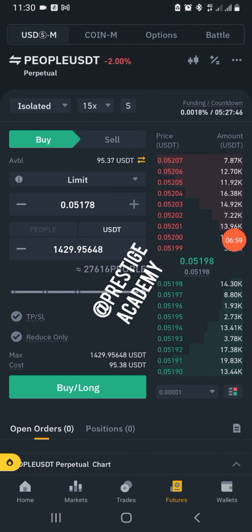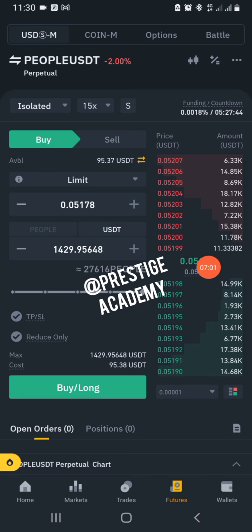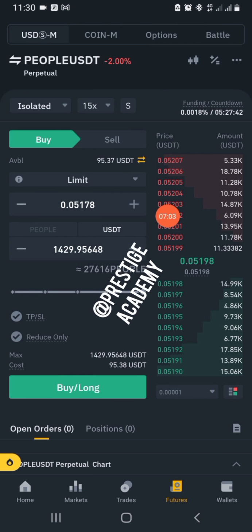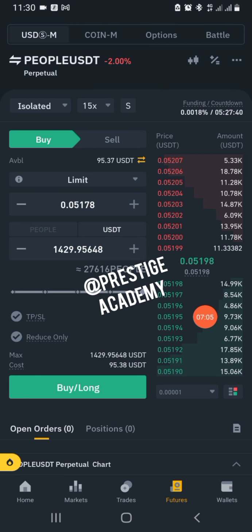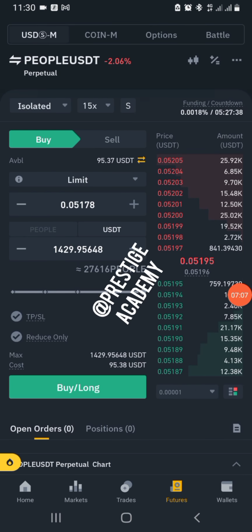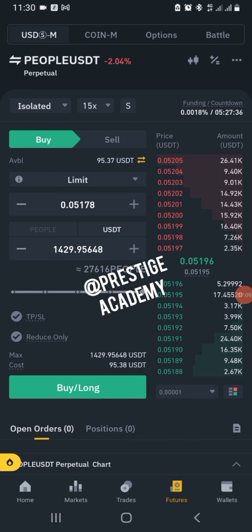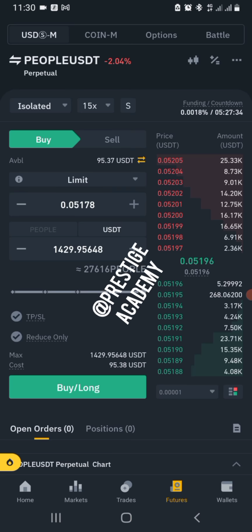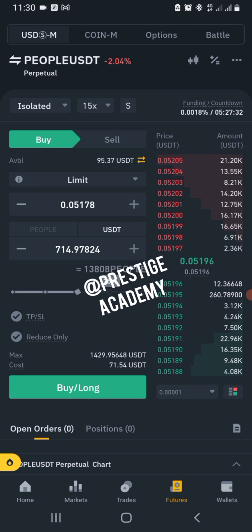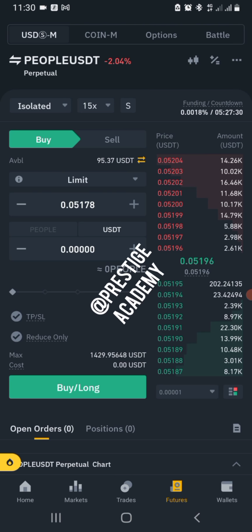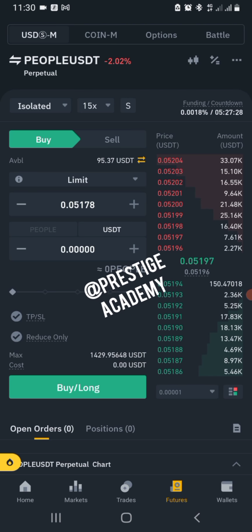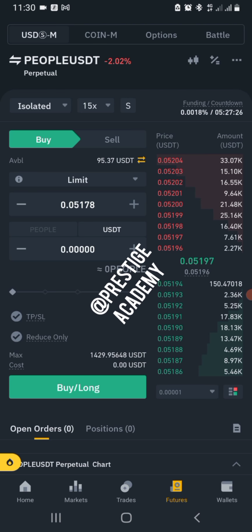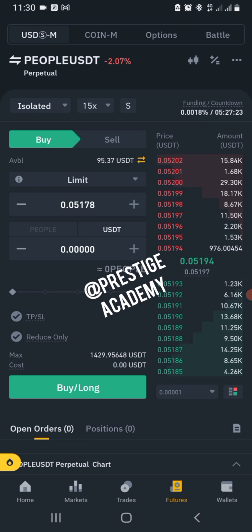And then nothing else here. These are the orders. These are the sellers in the market, and these are the buyers in the market. Now let's practicalize how we can use the limit order. As we all know, this coin currently is on 0.05197.